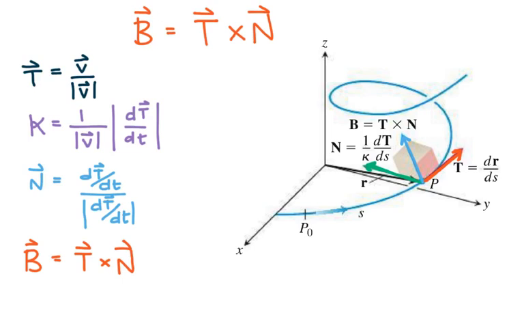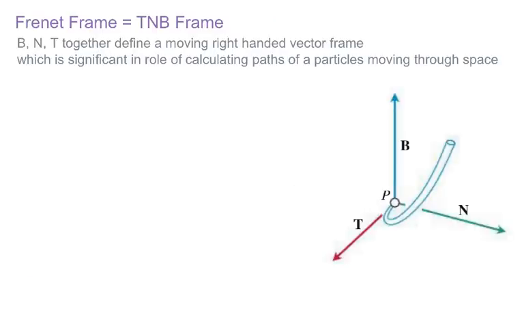So now let's talk more about this TNB frame. What we were just talking about with T, N, and B, tangential, normal, and binormal, all unit vectors, the TNB frame was discovered or defined by French mathematician Jean-Frédéric Frenet. And so again, we just want to make sure we understand what this looks like. So here's my particle moving through space.